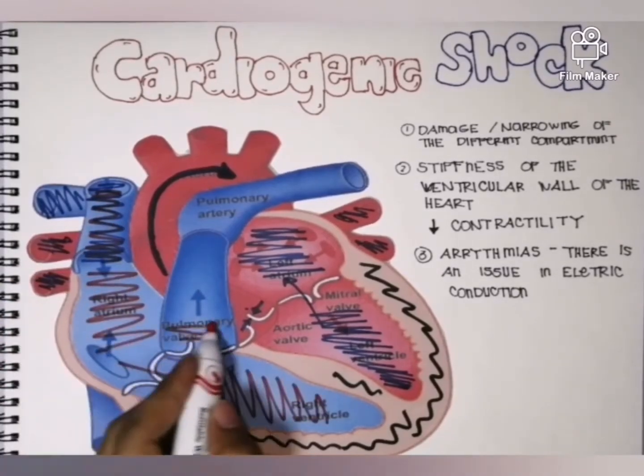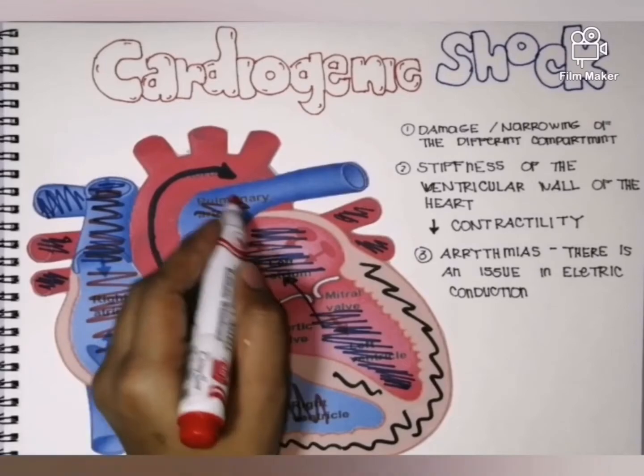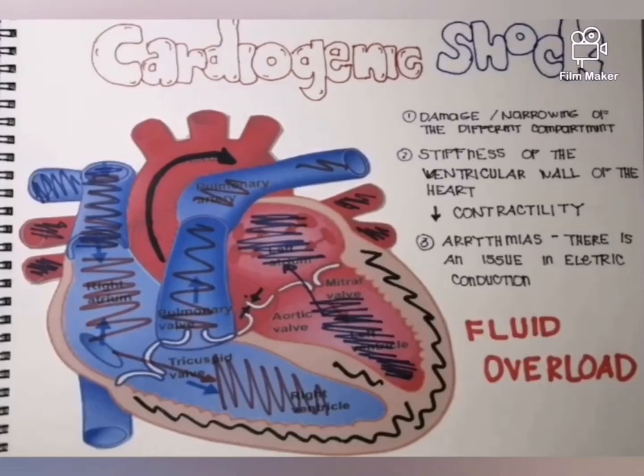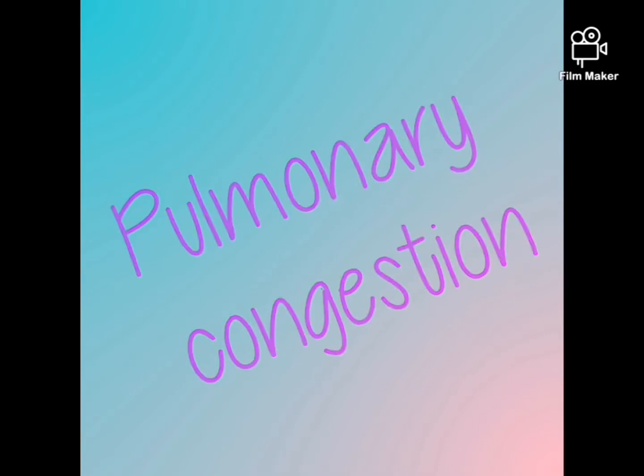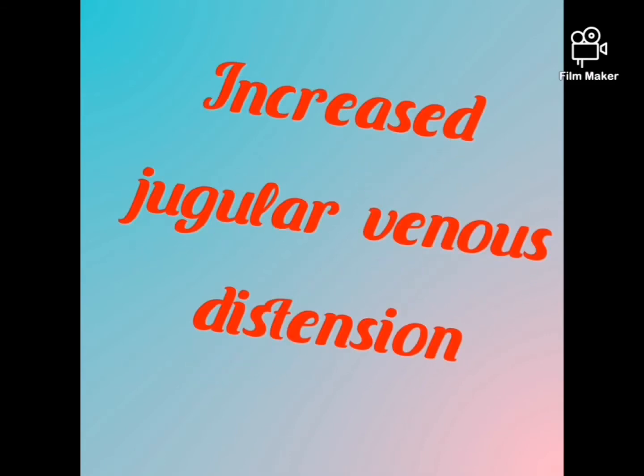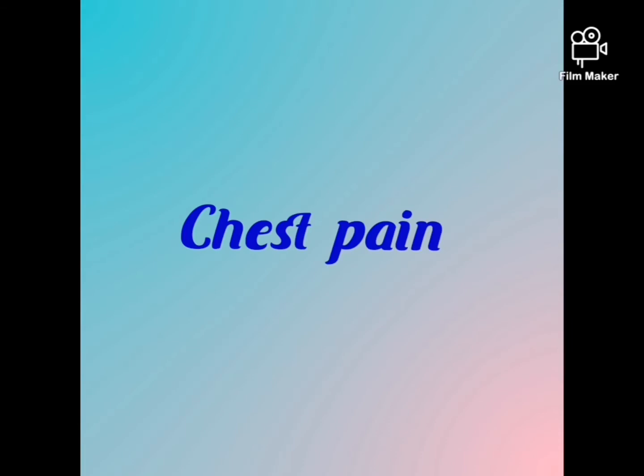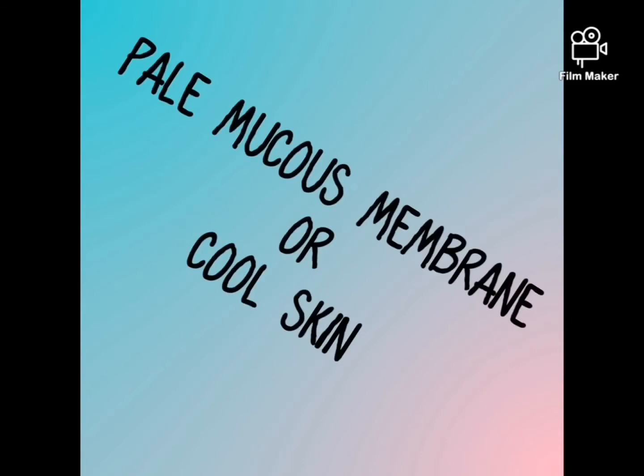It can also back up all the way into the system, resulting in fluid overload. This would lead to symptoms like pulmonary congestion, increased jugular venous distension, chest pain, and pale mucous membrane or cool skin due to blood being diverted away from the skin to more vital organs such as the brain.